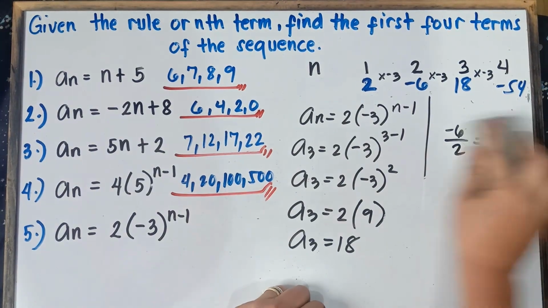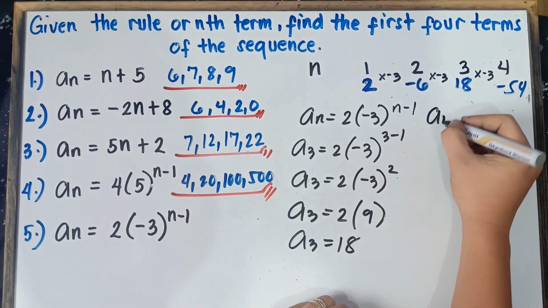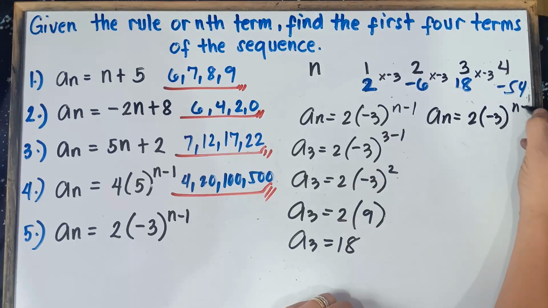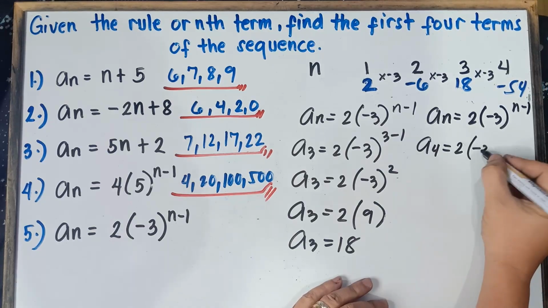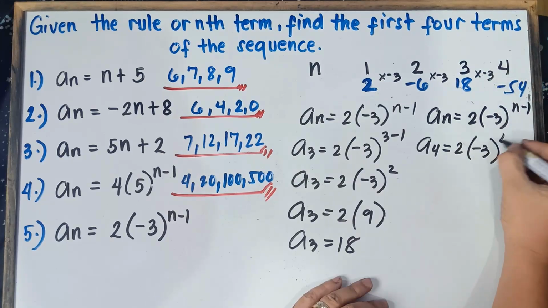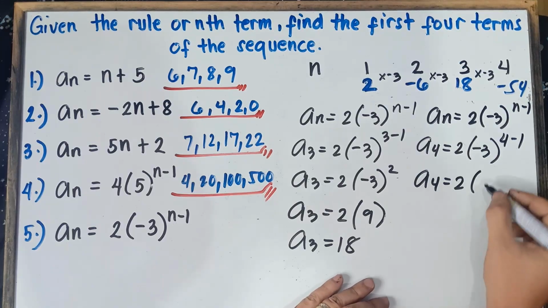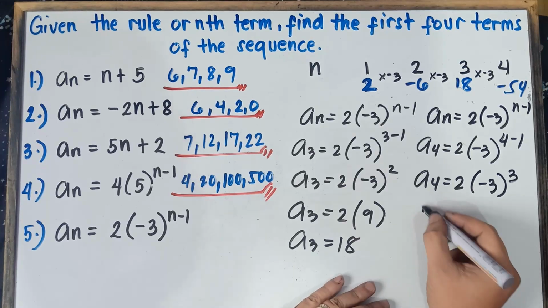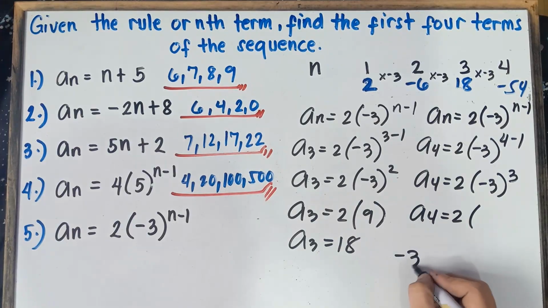Alright, let's check if this is really negative 54. So a sub n equals 2 times negative 3 raised to the power of n minus 1. So a sub 4 equals 2 times negative 3 raised to the power of 4 minus 1, simply substituting the value of n, which is 4. 4 minus 1 would be 3. So a sub 4 equals 2 times negative 3 raised to the power of 3.